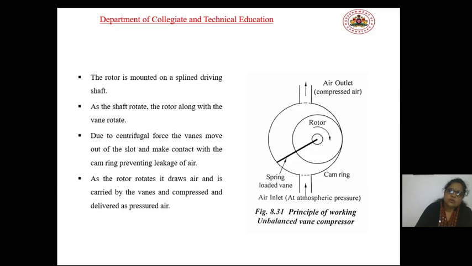Once the rotor rotates, it receives the air, which is carried by the vanes, compressed and delivered as pressurized air. It converts the low pressure air into high pressure air.